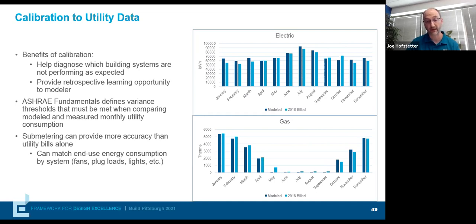We can create the hour by hour analysis and compare it to the real world, real time situation and see how we perform that way. It's a great way to tweak the building through the commissioning process and continuous commissioning process to make sure that it's performing the way that we intended and designed it to.